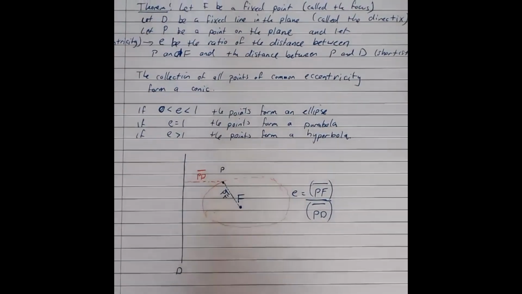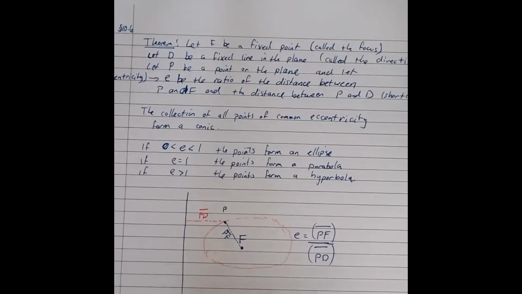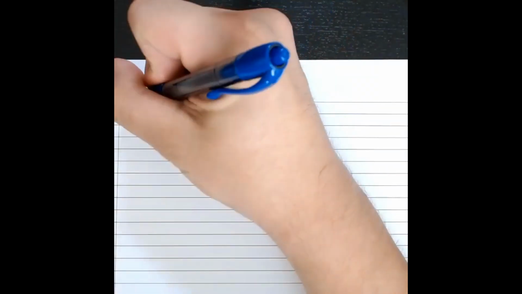Well, it turns out that polar coordinates are really rather ideal for helping us describe conics. So here's another theorem.